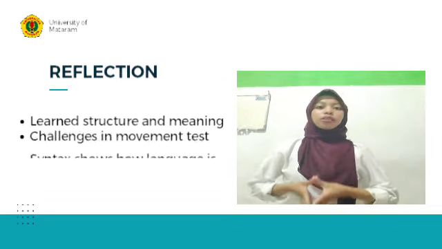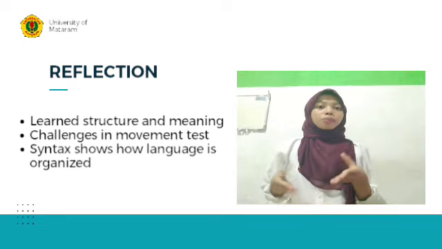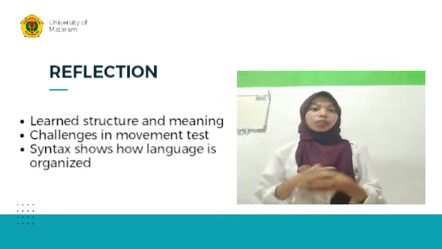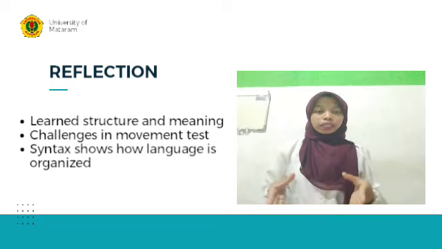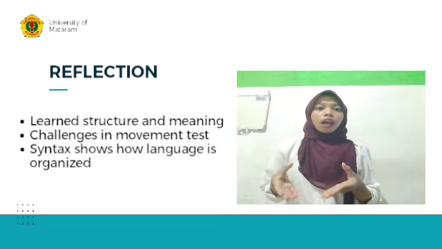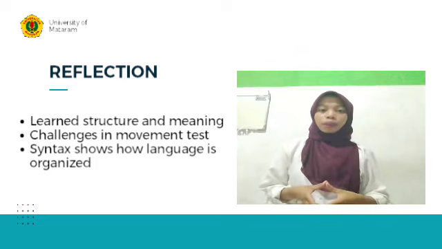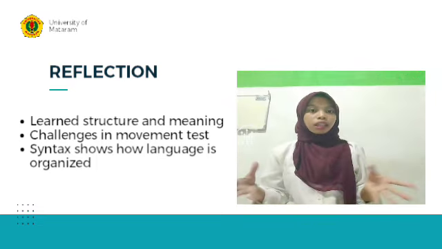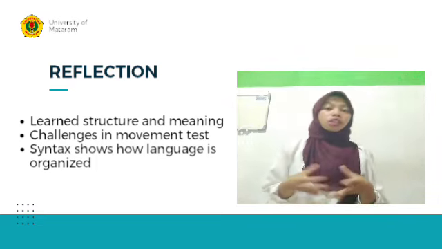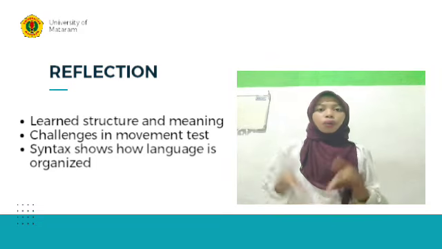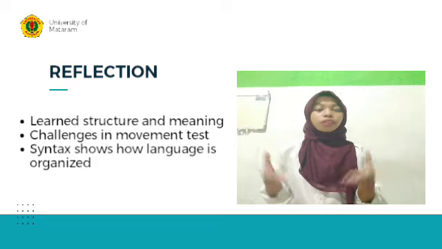Okay, next is reflection. From this project, I learned that syntax is not only about word order, but also about how words group into phrases and clauses. And I realized that every sentence has structure, and understanding it helps us know why some sentences sound natural.